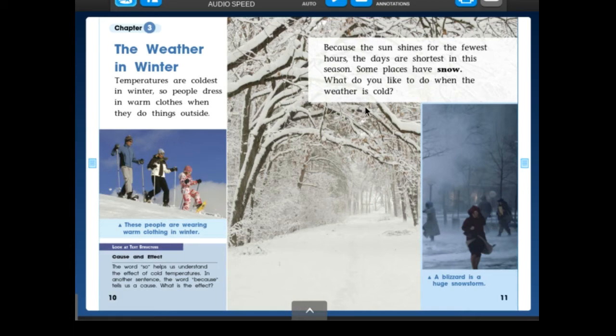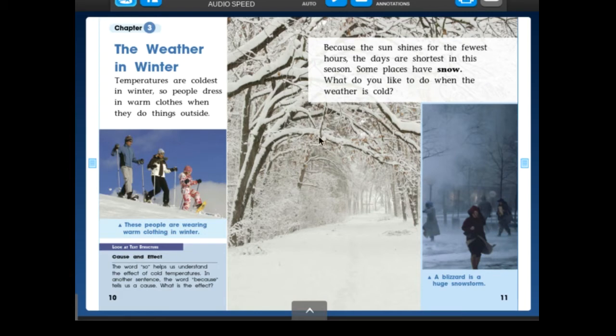Some places have snow. They did not use the word so, they used a different word this time. They said because. Because the sun shines for the fewest hours, the days are shortest in this season.